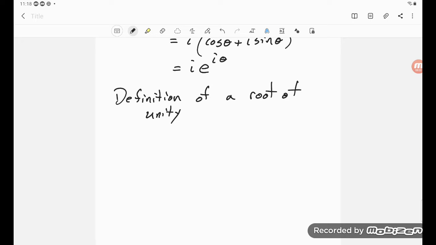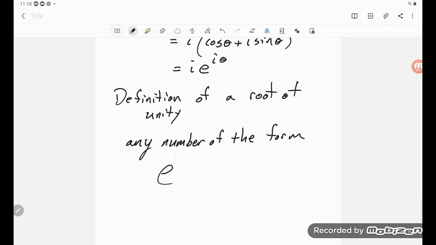A root of unity is simply any number of the form e to the 2 pi i m over n.